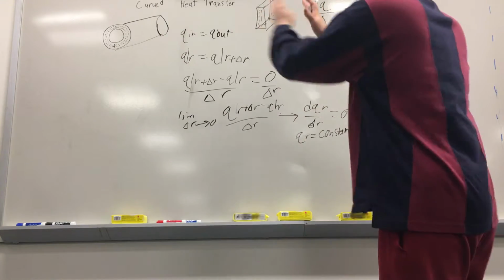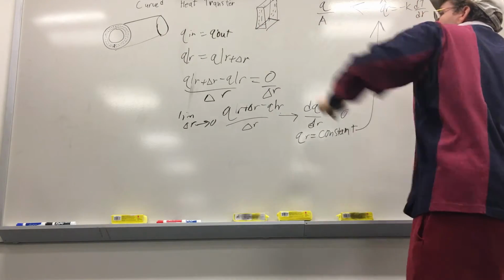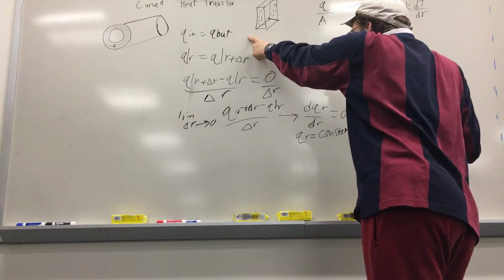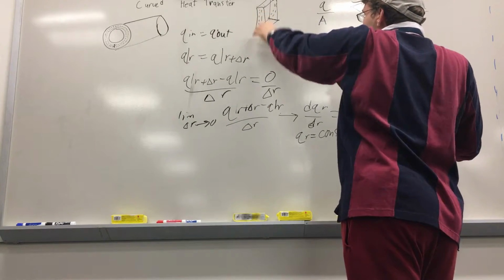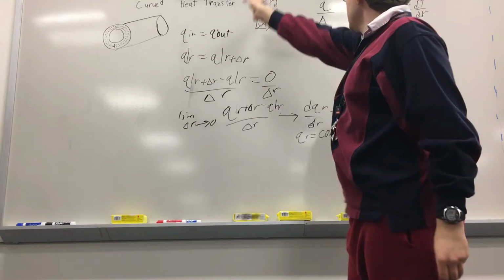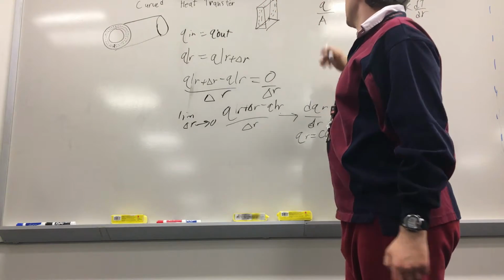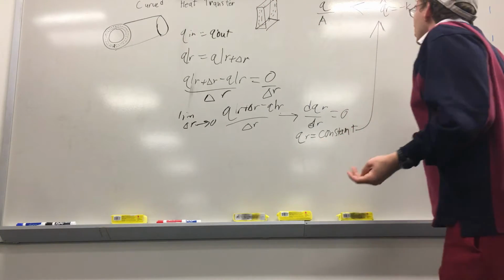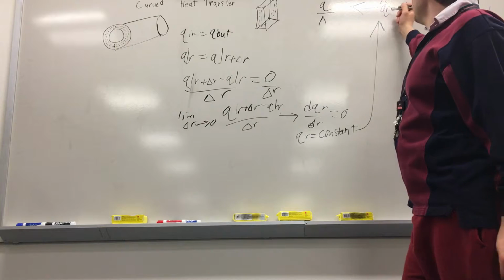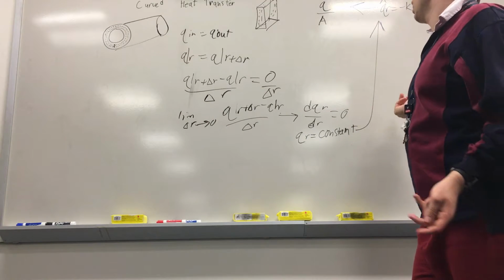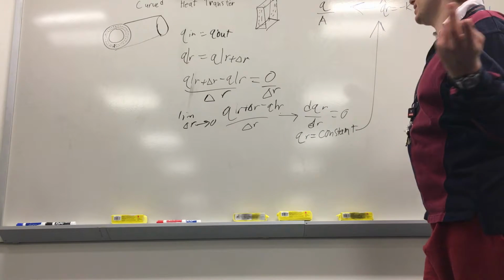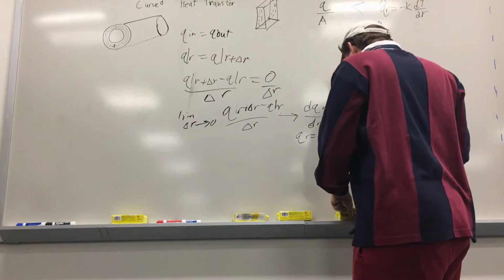But it doesn't matter where along the cross-section of this box, the cross-sectional area is always the same. So it's a constant, so the heat flux or the heat, it really didn't matter all that much.